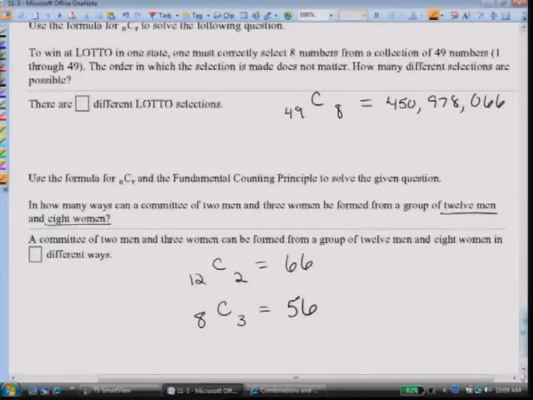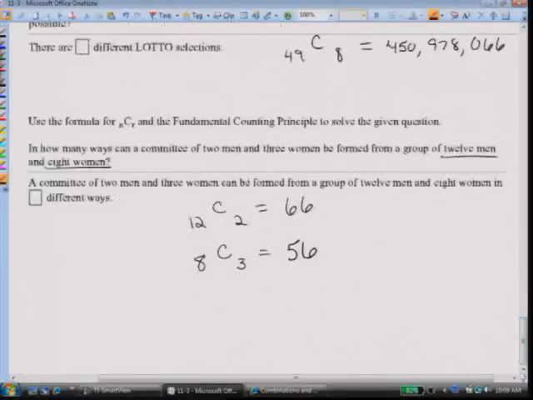Okay? Now, in our committee, it tells you to use the fundamental counting principle, so you remember that that's that thing where you multiply, right? So what is it that you're multiplying? Well, you're going to multiply the number of different combinations of men times the number of different combinations of women. So there were 12 men, and so there were 66 combinations of men.